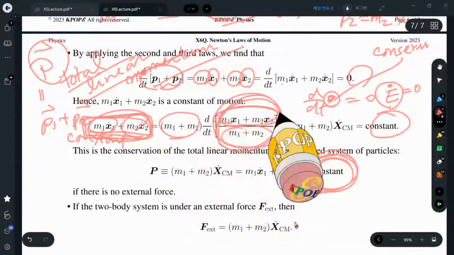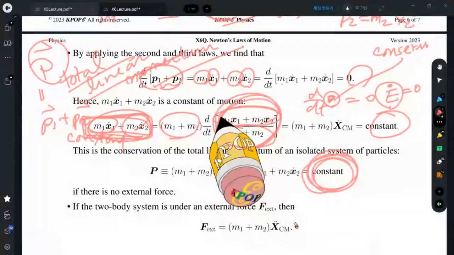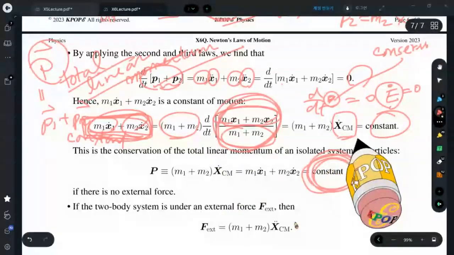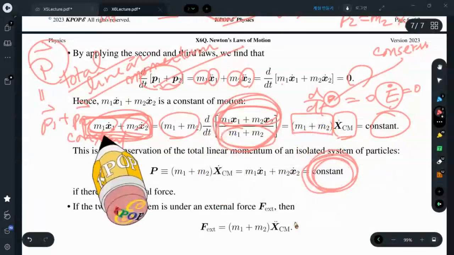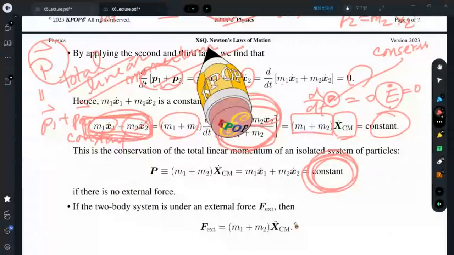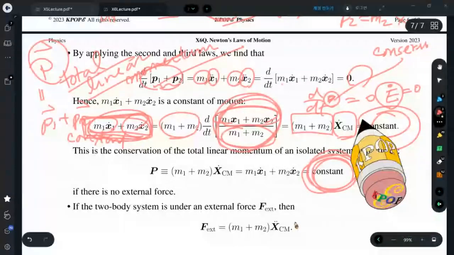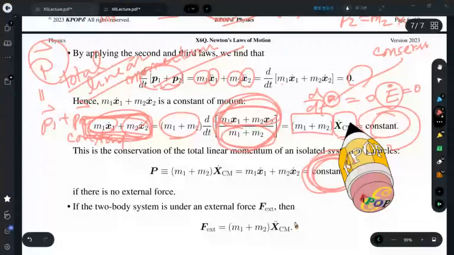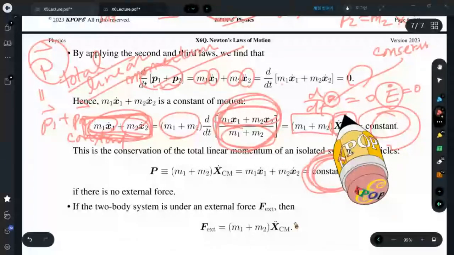And by definition, this is the center of mass. Time derivative of the center of mass. So the velocity of the center of mass multiplied by the total mass is the total linear momentum that is constant. That means the center of mass has a constant velocity.